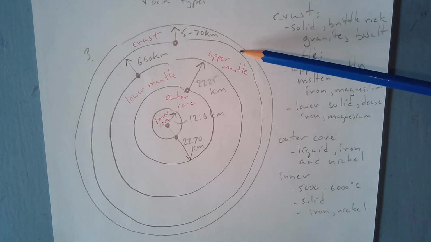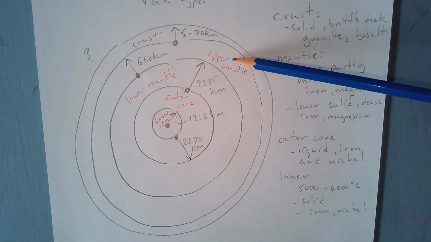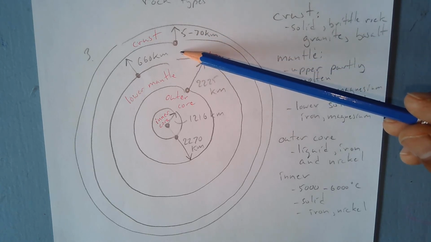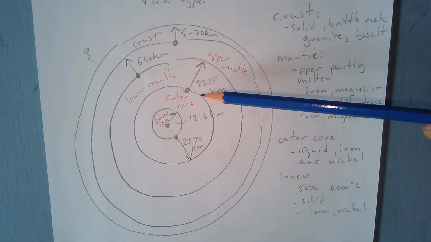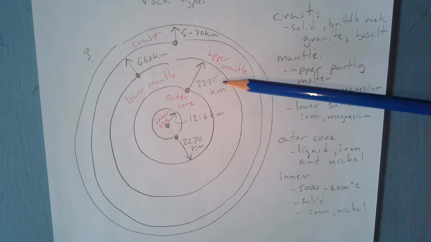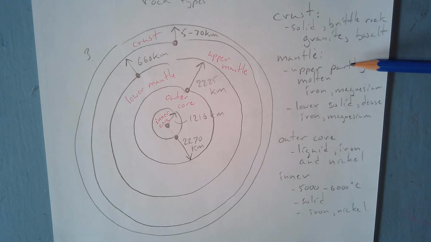Then working inward, you have the mantle, which is separated into two parts. The upper mantle is 660 kilometers wide. The lower mantle is 2,225 kilometers wide. The upper mantle is partly molten.